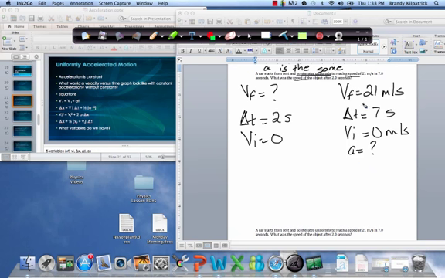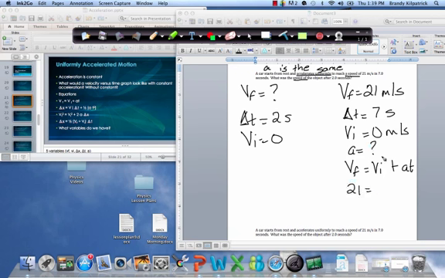So now, again, we're going to pick an equation that will work best for us. For the first one, I have VF, I have VI, I have delta t, and I'm looking for A. So this one is perfect because I only have one unknown variable. My VF right here is going to be 21.